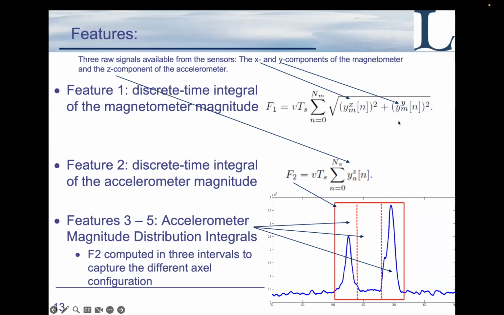So that becomes feature 1. Then the same goes for the z-axis of the accelerometer. So this is feature 2.